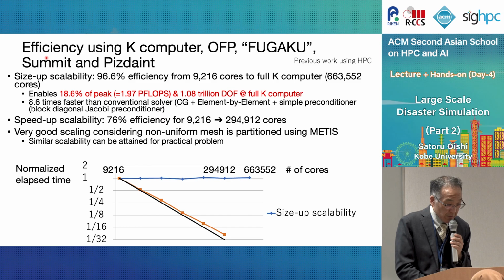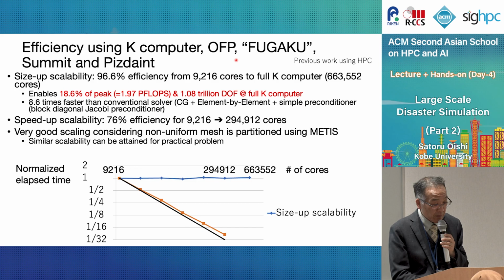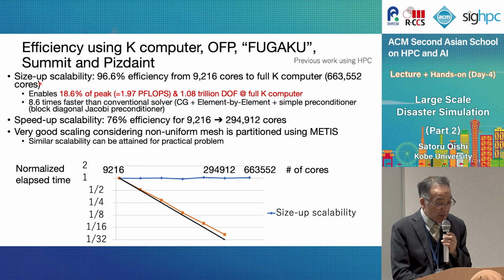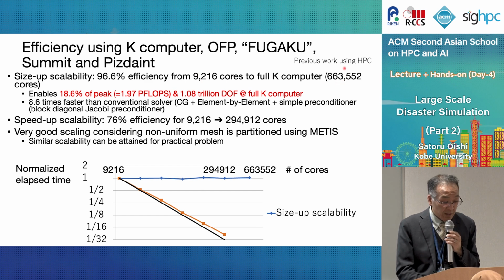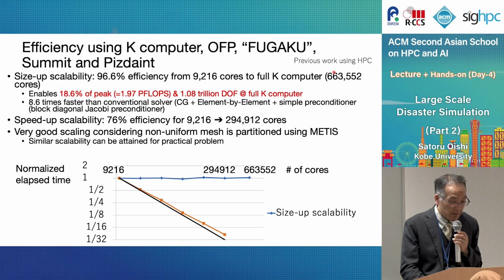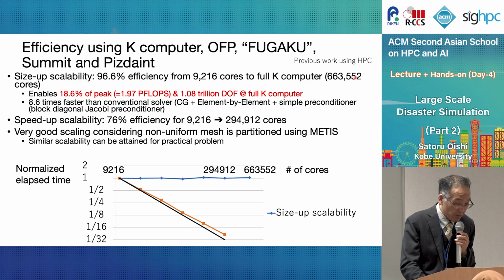By using it, they used the K computer, Oakforest-PACS, Fugaku, Summit, and others efficiently. Size-up scalability is 96.6% efficiency from almost 10,000 cores to 660,000 cores.